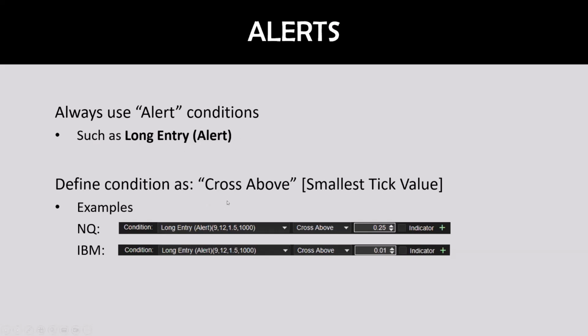As condition, defined as cross above, we had this as a dropdown, and then the smallest tick value. So if it's for a futures contract, for example, cross above 0.25. If it's for an equity or a stock, like IBM, cross above 0.01. Okay, so it's a little reminder on how to define these alerts.